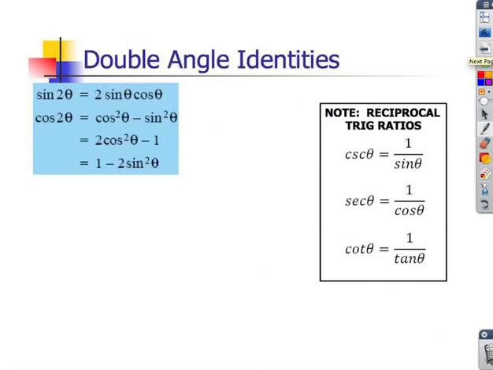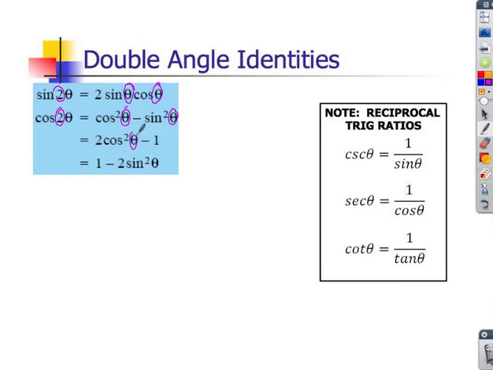What we're moving into now are the double angle identities. So again, what you'll notice is it's sine of 2 theta, cos of 2 theta, or sine of double theta, cos of double theta. And what we have are these identities that reduce the double angle to single angle. So over here you'll notice theta, and same thing over here.